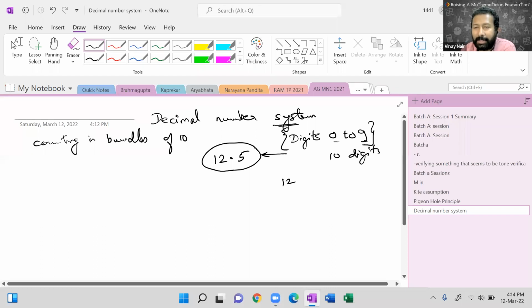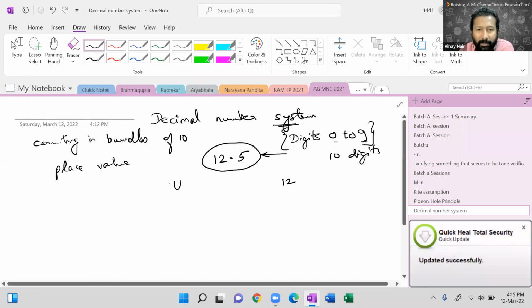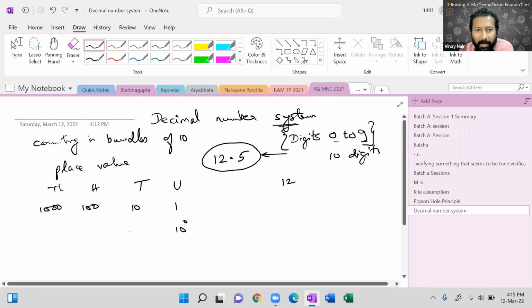And when we use these 10 digits, it's not just that we are using these 10 digits, but we also have a place value to it, right? There is a place value. What is the place value here? We say units, tens, hundreds, thousands, and so on. Right, so this is ones place, tens place, hundreds place, thousands place, or I will say this is 10 power 0, 10 power 1, 10 power 2, 10 power 3, and so on.